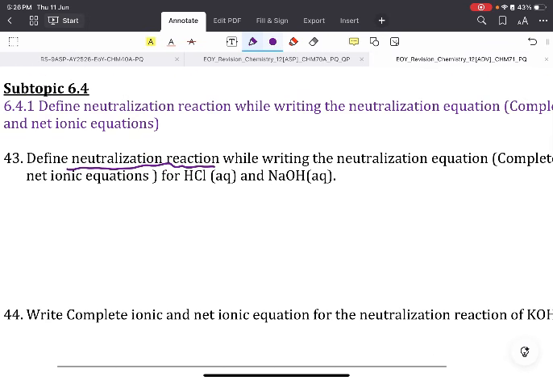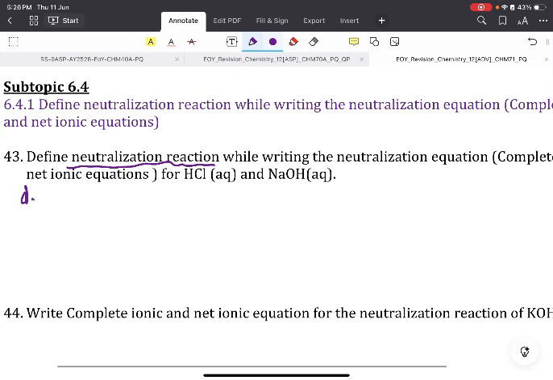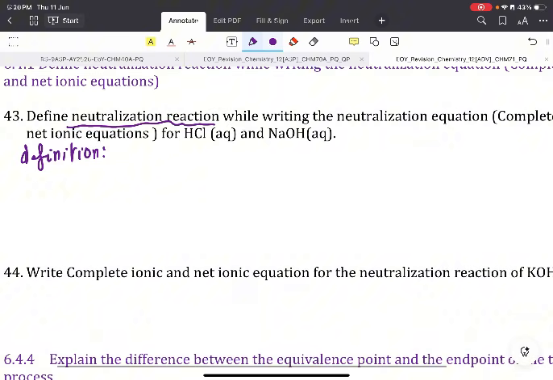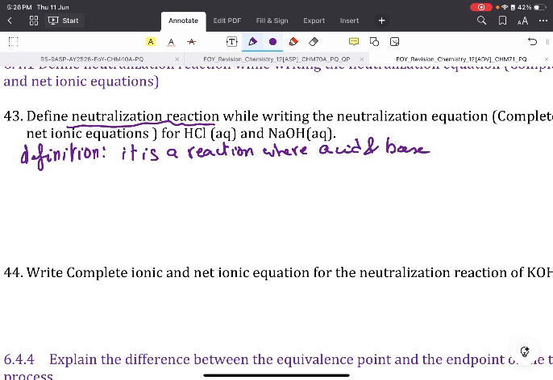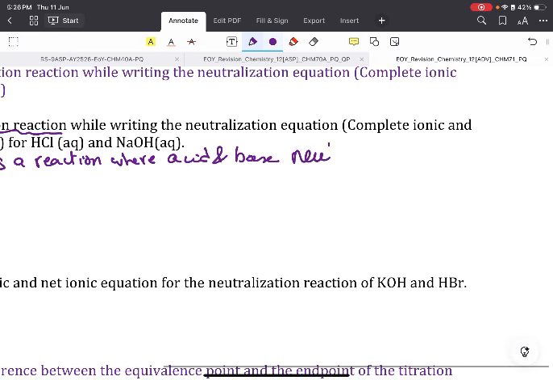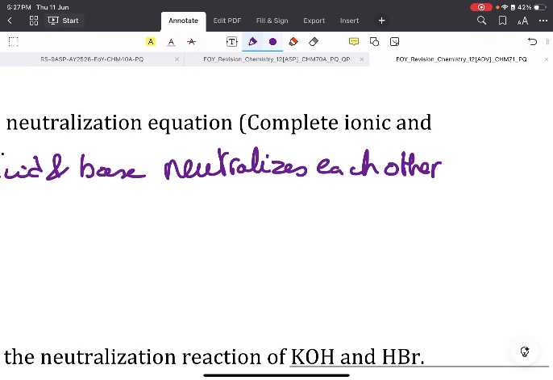So, a neutralization reaction. So the definition, I'm gonna write it over here. It is a reaction where acid and base neutralizes each other. What do I mean by neutralizes each other?